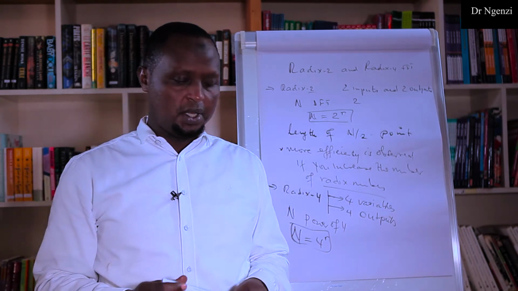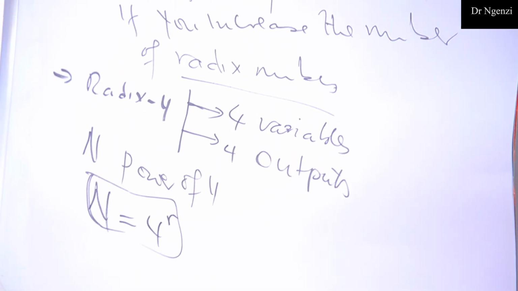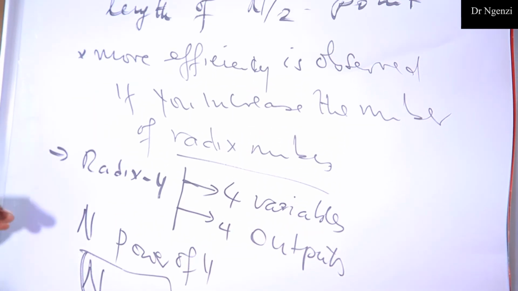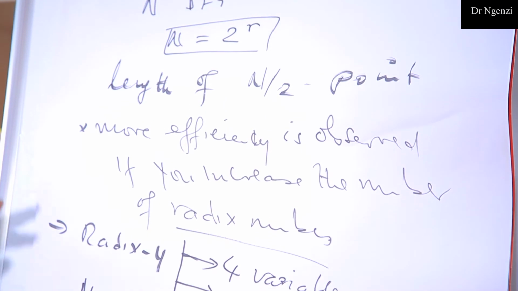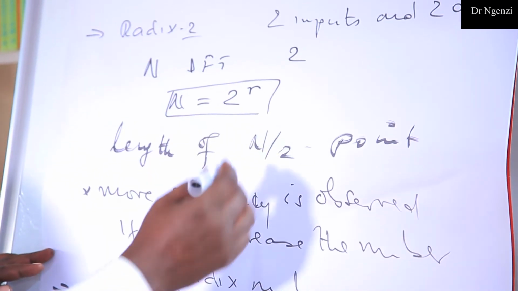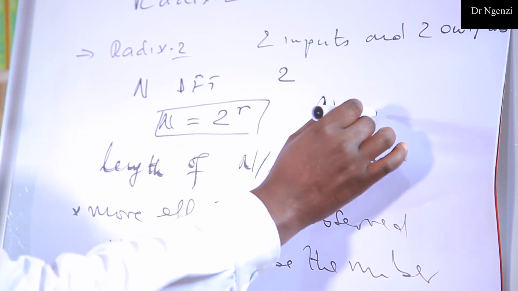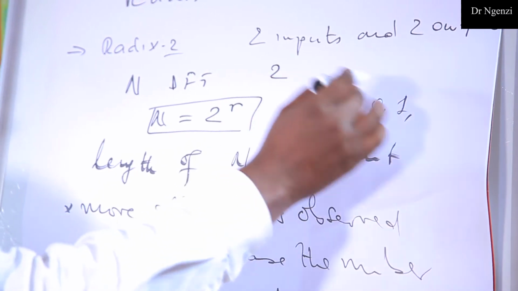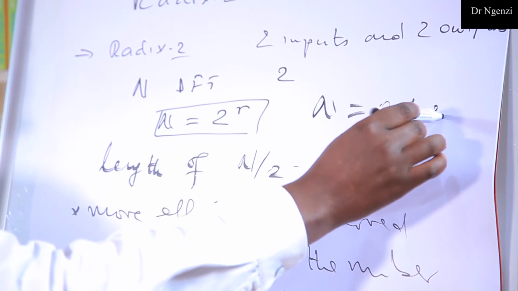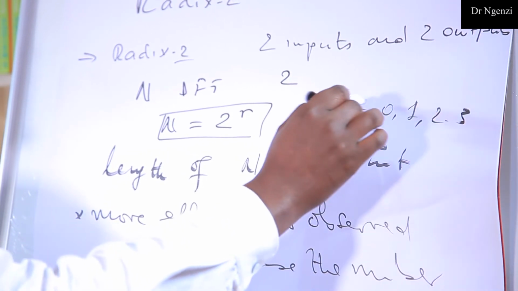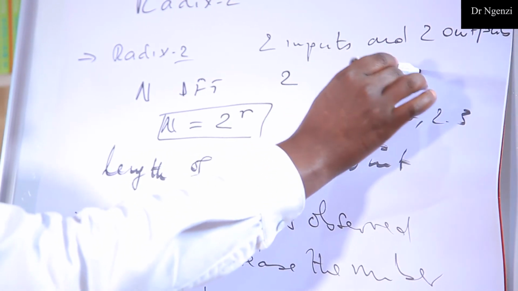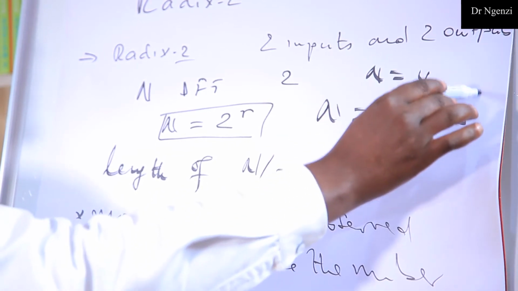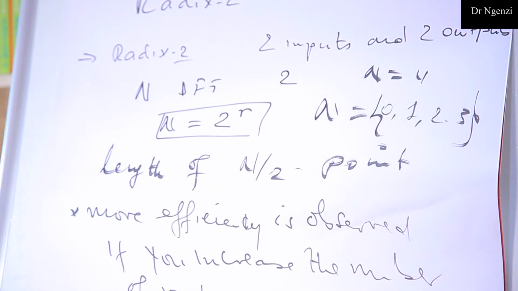suppose you have numbers ranging, for example, N ranging from 0, 1, 2, and it will end up at 3, if N is equal to 4. You can have such kind of values in this case.